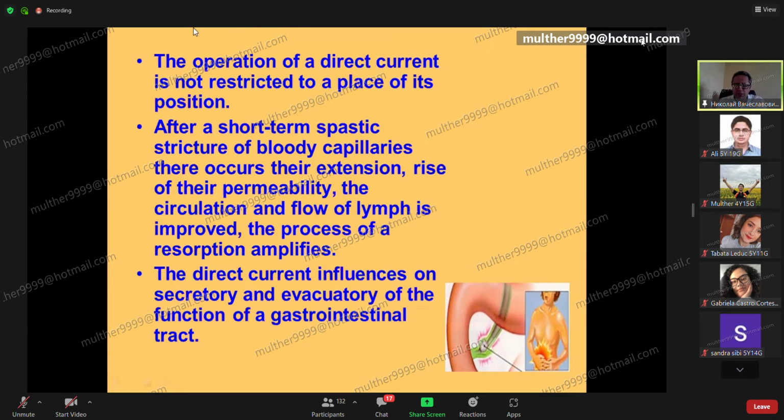The operation of direct current is not restricted to the place of its position. So maybe more far effects we can recognize after this procedure.